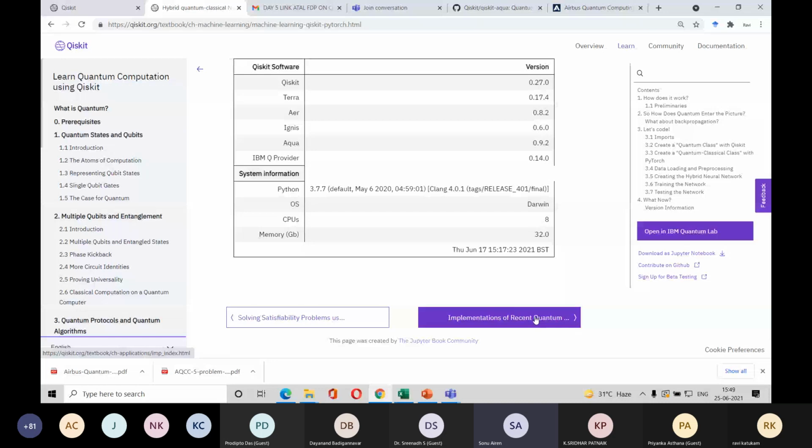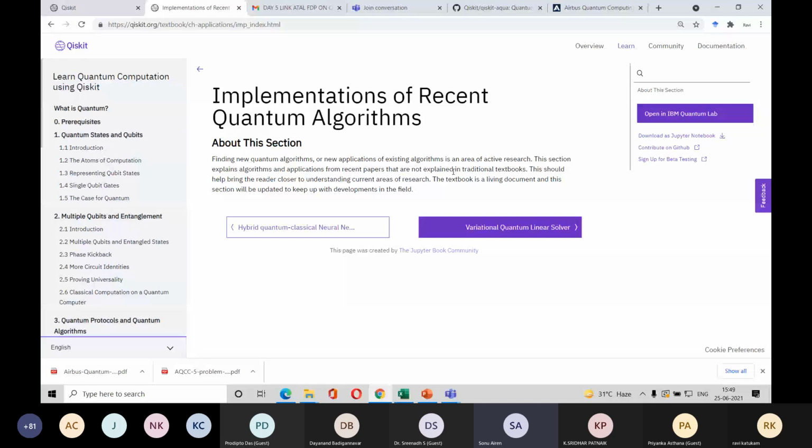So you can have a variational quantum linear solver example also here. It is a bit involved. Once you just run any classification or any optimization problem or any real life practical problem you take up, from there you can really see how quantum can really help us.